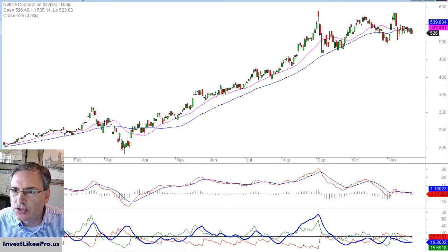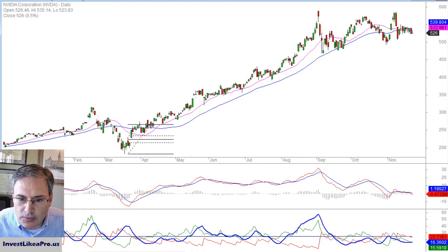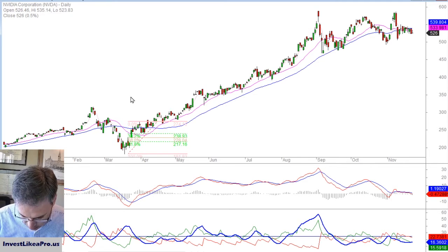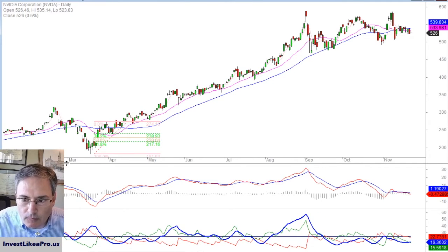So I'm just going to start at the low. This first move to the upside ended right on this bar, and then pulled back. And if we zero in a little bit, the pullback was right at that green line, which is the 382, the 38% retracement.